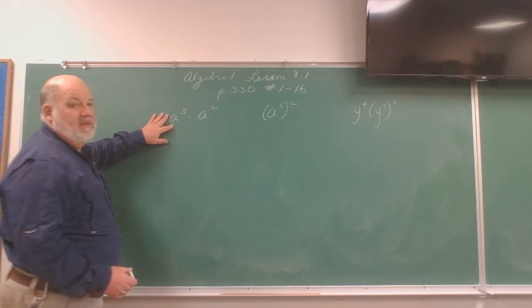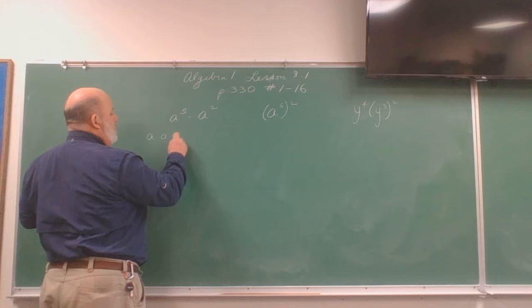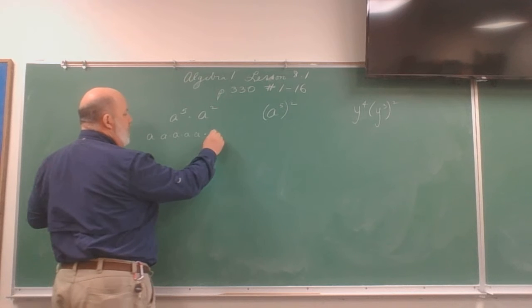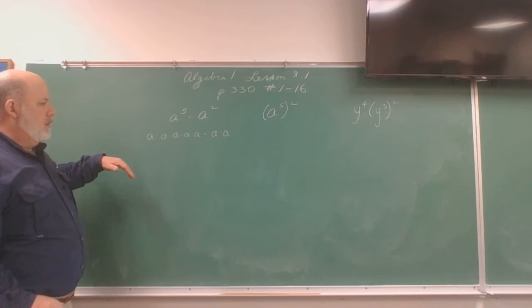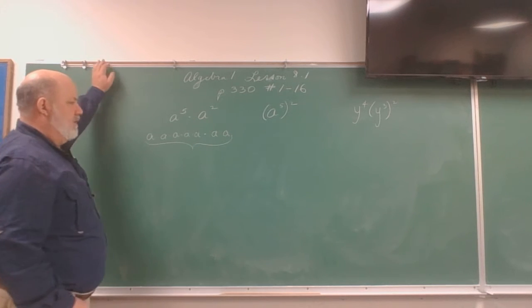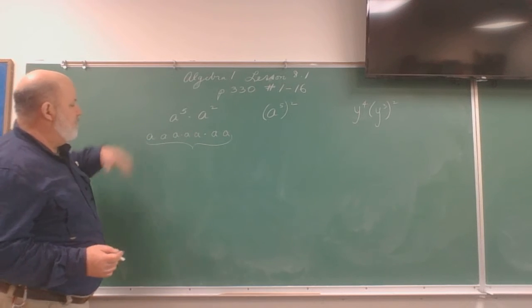Whenever I have a to the 5th power, that means that there are 5 a's all multiplied together. 1, 2, 3, 4, 5. And then they're multiplied by 2 more a's, a squared. We know that when we have variables multiplied together like that, we just have to count them up, how many are there. Well, 1, 2, 3, 4, 5, 6, 7.